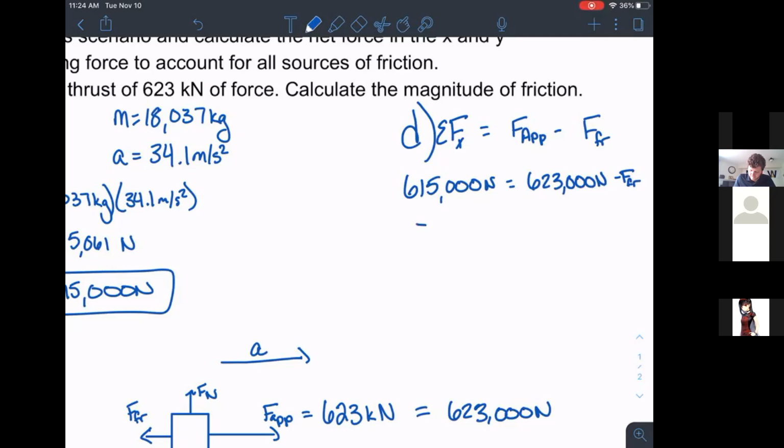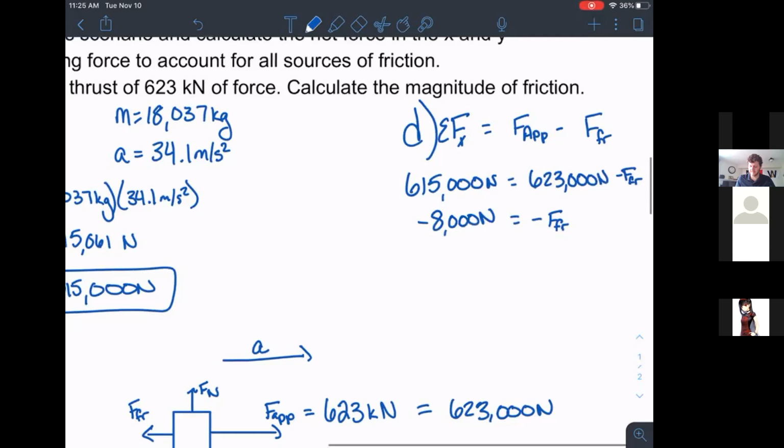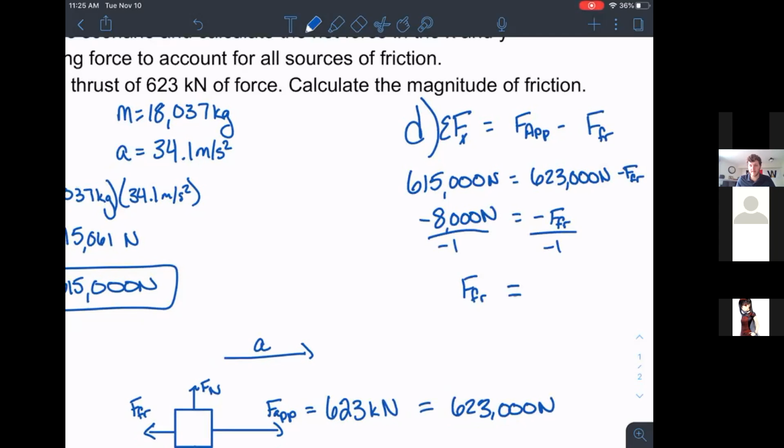Negative 8,000. All right. So my frictional force then equals what? Don't you have to divide both sides by -1? Exactly. Perfect. So then we have our force of friction equals what value? 8,000. 8,000. Perfect.